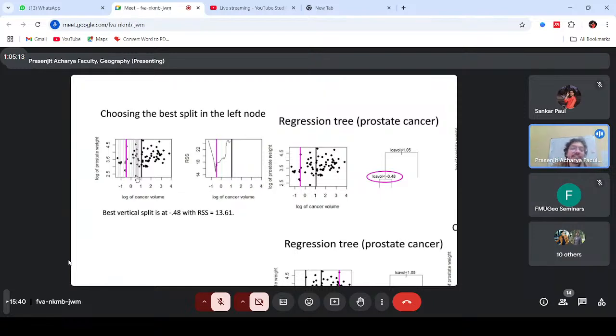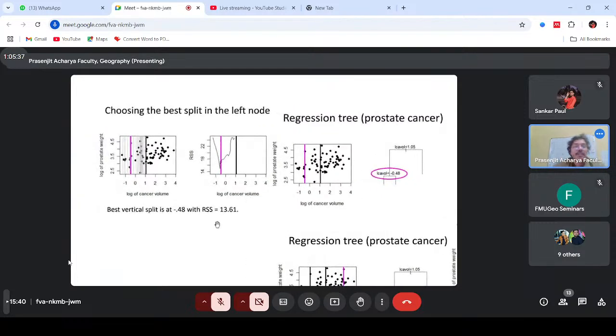So if I use the log of the cancer volume as a first splitting criteria, we get an RSS value. Sorry, log of the cancer volume is our dependent variable, and the log of the prostate weight is our independent variable.